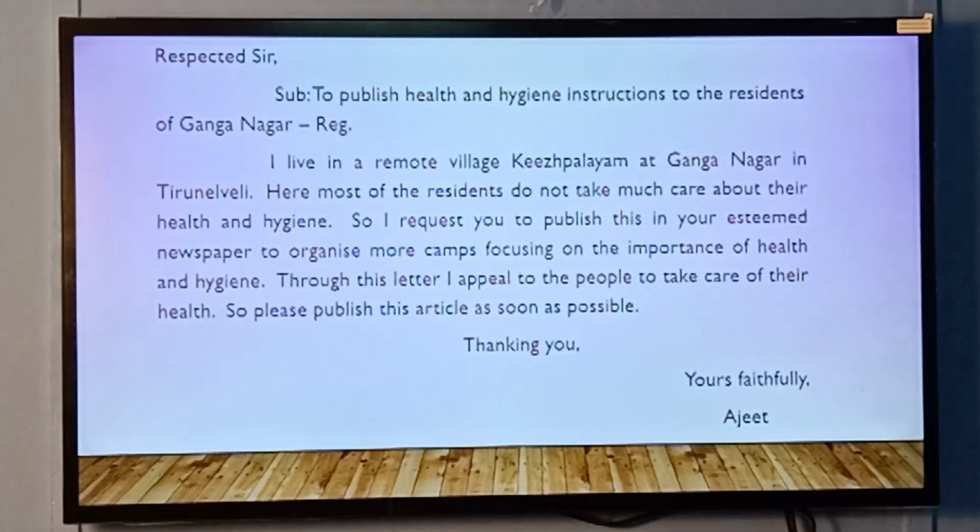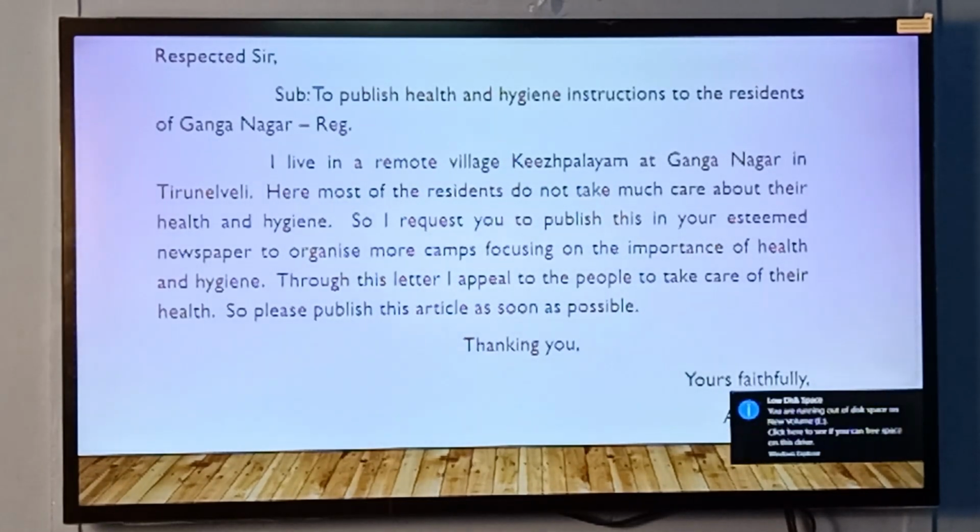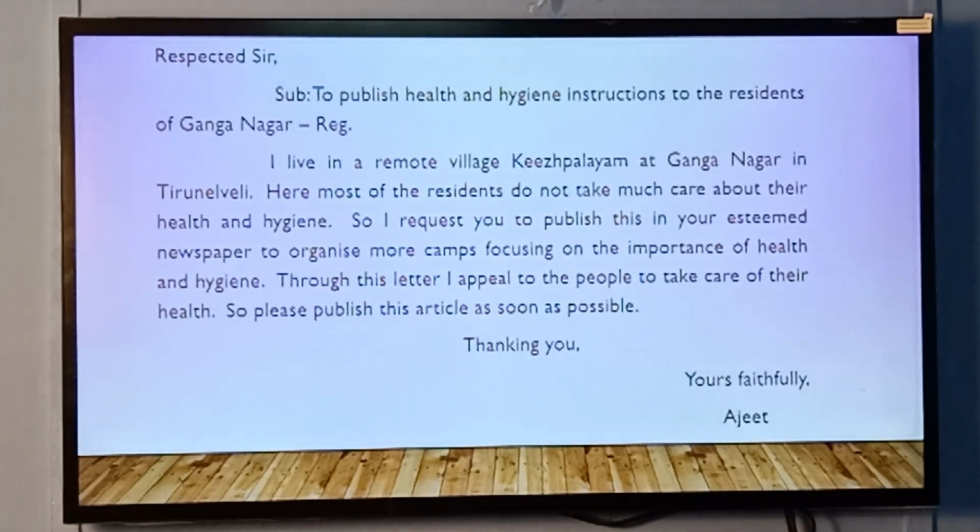Through this letter, I appeal to the people to take care of their health, so please publish this article as soon as possible. The letter should be in a very gentle manner, and finally you can wind it up thanking you. And in your right hand side bottom corner, you write yours faithfully and Ajit. I have mentioned here Ajit because it is given in the question. Hope you have understood how to write a formal letter.